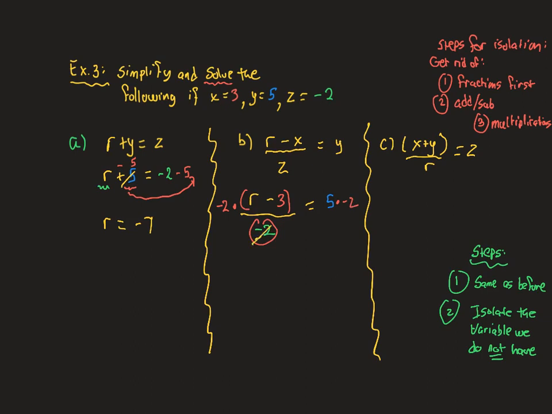That's going to end up canceling out the -2's here, leaving me with r minus 3 is equal to 5 times -2, which should be -10. Once again, now I'm going to move the 3 to the other side. It's a -3, so I'm going to add 3 to both sides, which is going to give me, well, r is equal to -7.